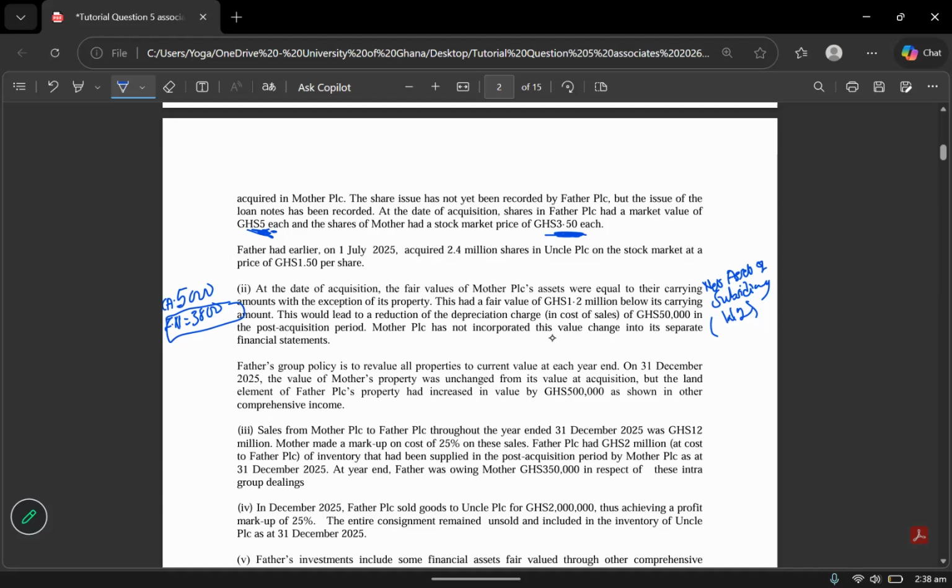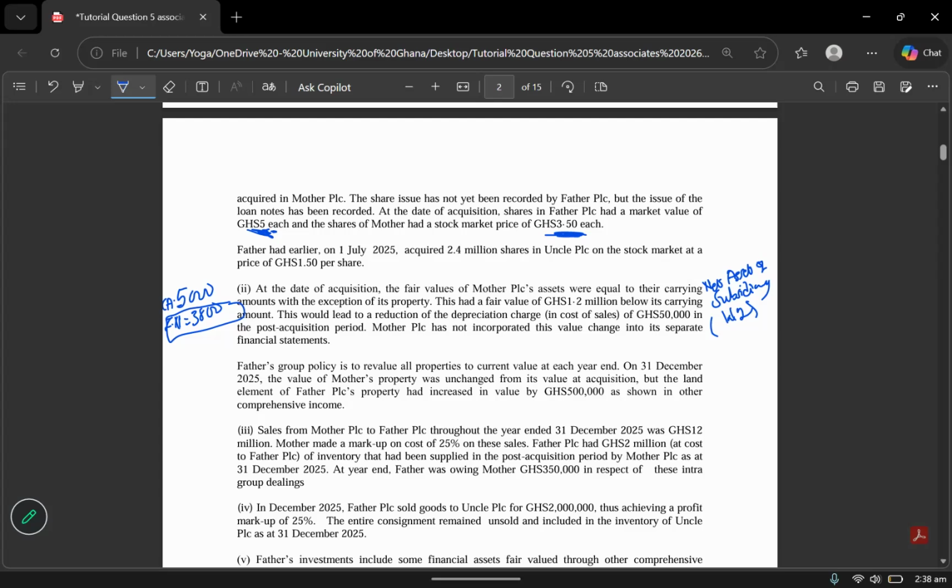This had a fair value of 1.2 below. They can also be like 1.2 above. So in this case, you are going to subtract the 1.2 million. I said earlier that the depreciation will be the opposite. So if the fair value adjustment led to a reduction of 1.2 below its carrying amount, this would lead to a reduction of the depreciation charge in cost of sales.